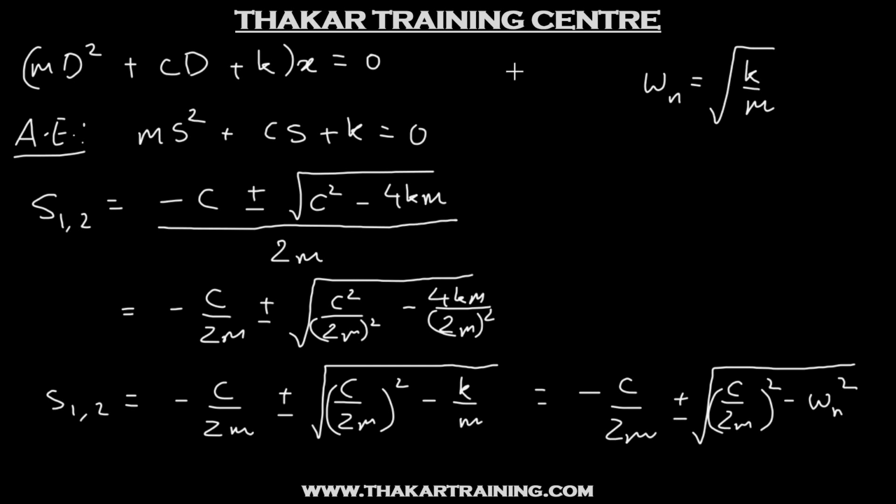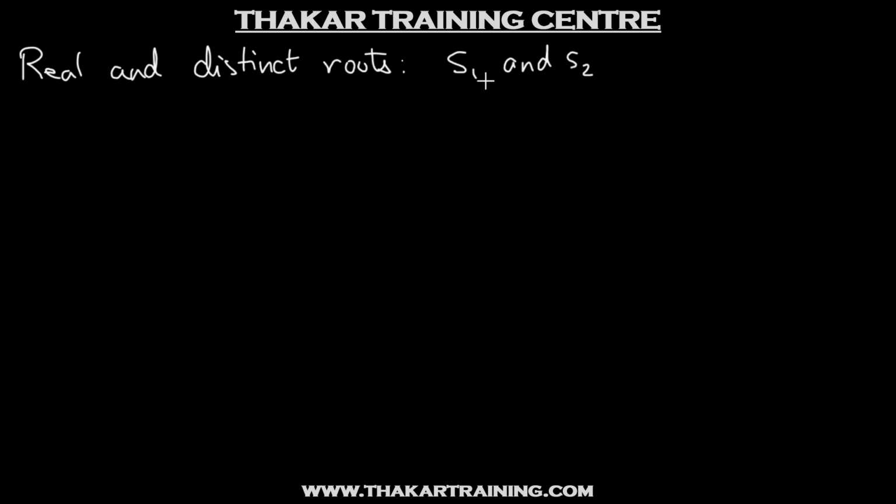Let's quickly recap the solutions for different types of roots. You can have real and distinct roots. Suppose s1 and s2 are the two roots which are real and unequal. The solution will be of the form a1 e raised to s1 t plus a2 e raised to s2 t.